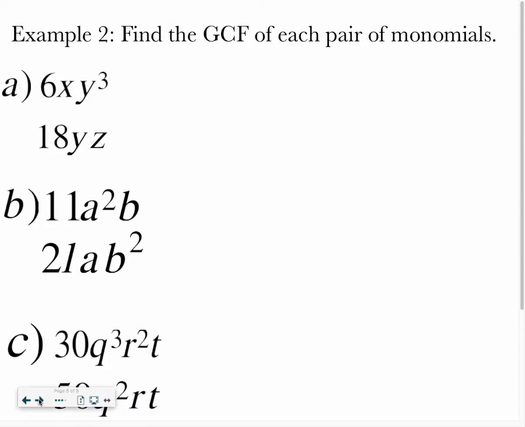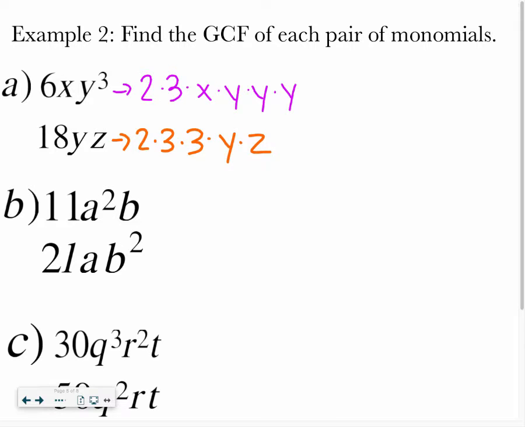Okay, now we practice factoring. Let's practice finding the greatest common factor. So the first thing you need to do is write out what the factorization for each of these is. So 6xy cubed breaks up to 2 times 3 times x times y times y times y. And then 18yz breaks up into 2 times 3 times 3 times y times z.